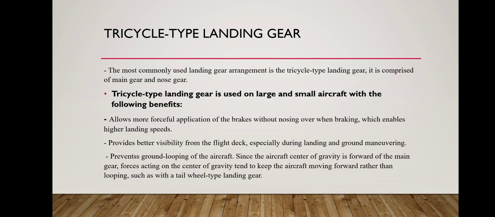It provides better visibility from the flight deck, especially during landing and ground maneuvering. It prevents ground looping of the aircraft. Since the aircraft center of gravity is forward of the main gear, forces acting on the center of gravity tend to keep the aircraft moving forward rather than looping, such as with the tailwheel type landing gear.